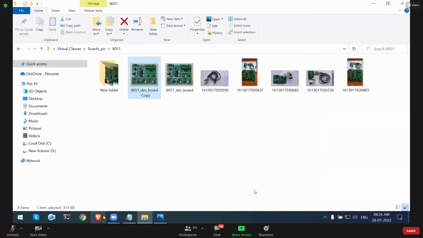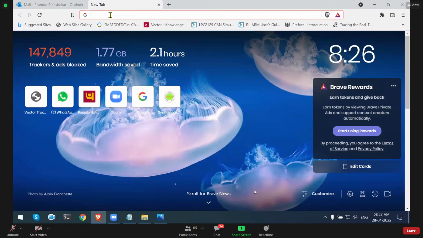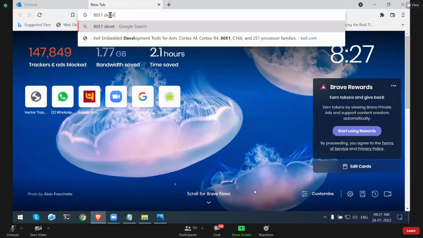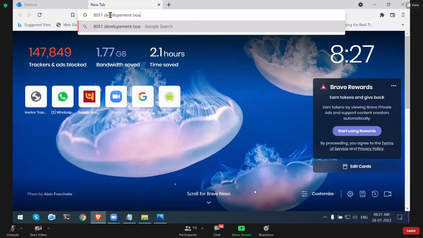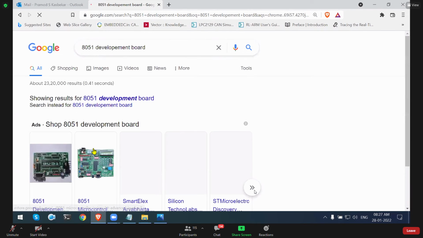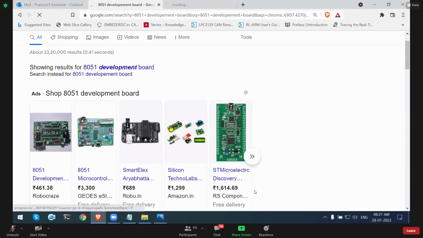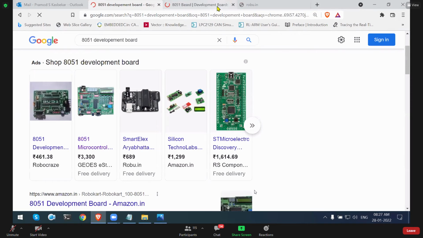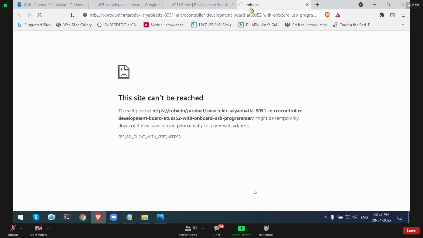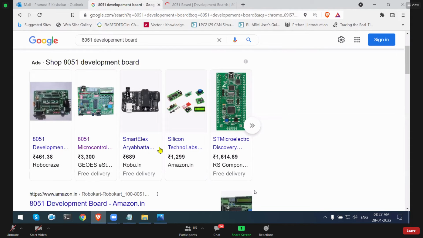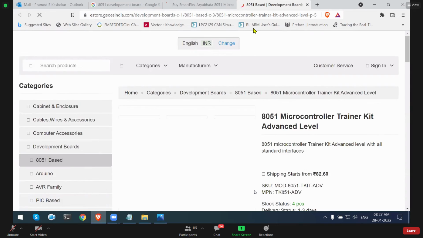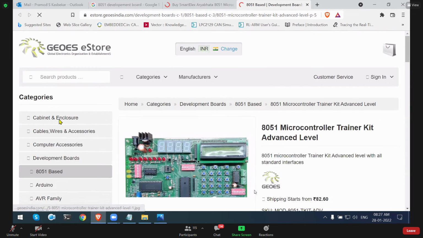If you search for an 8051 development board, some online sites are selling this board.